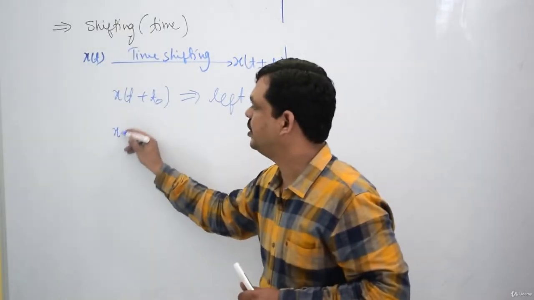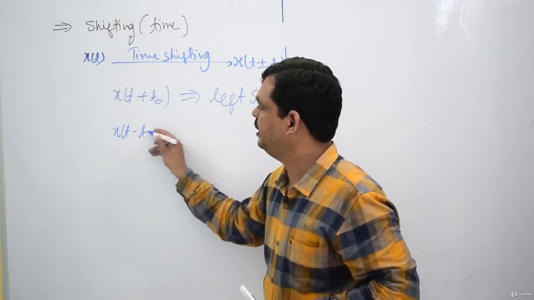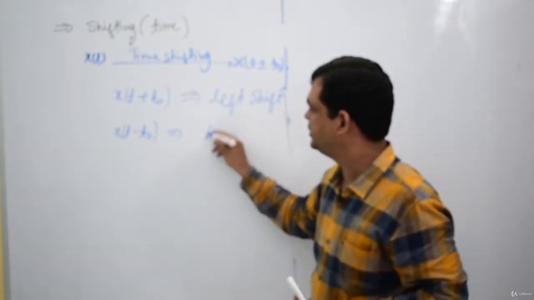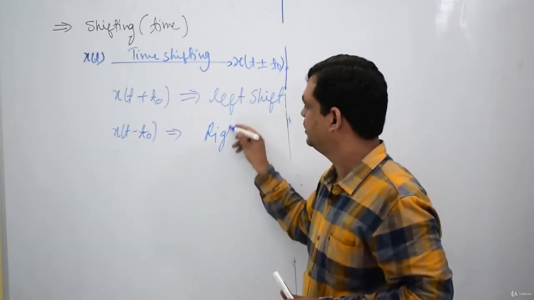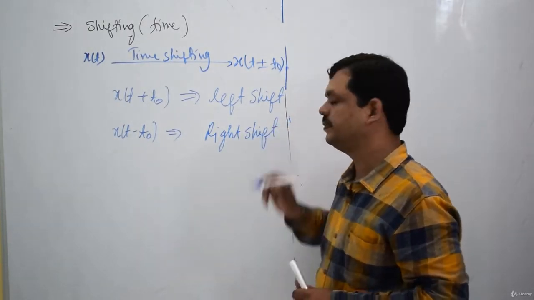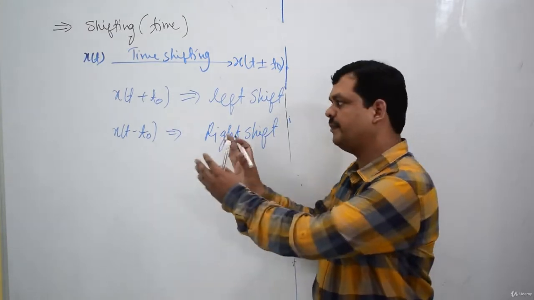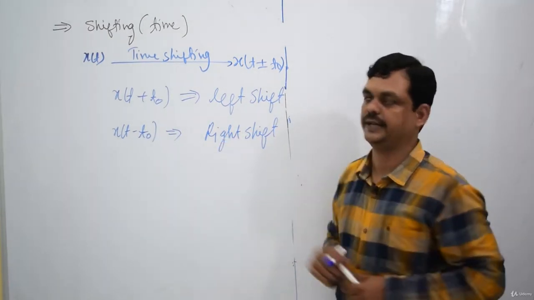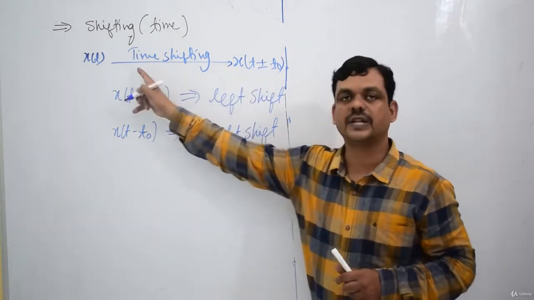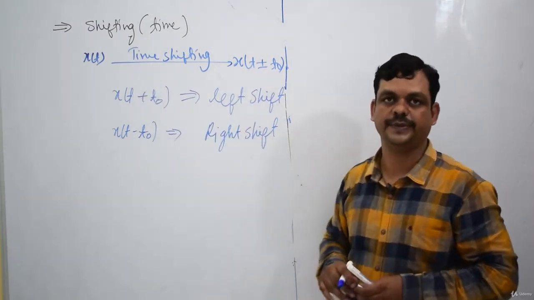And one more is x of t minus t naught. This explains right shift operation. Right shift operation means the complete function is shifted right side. So plus or minus, this complete operation is also called time shifting operation.